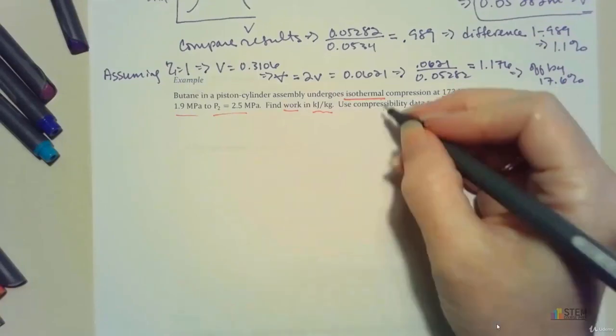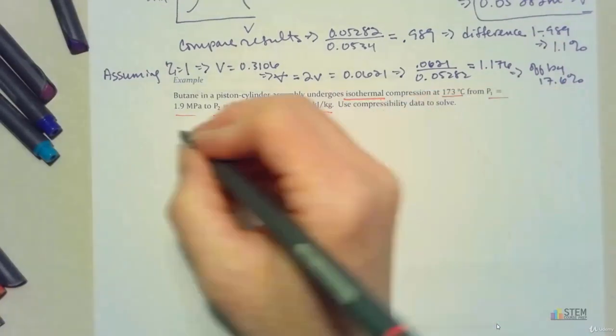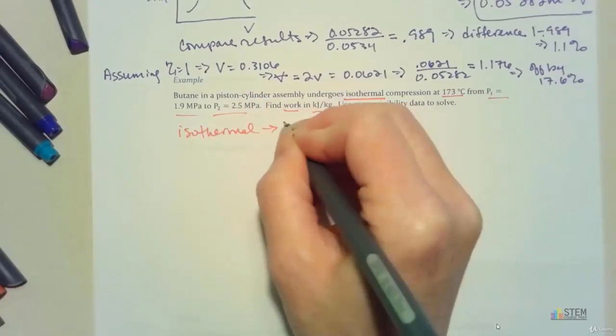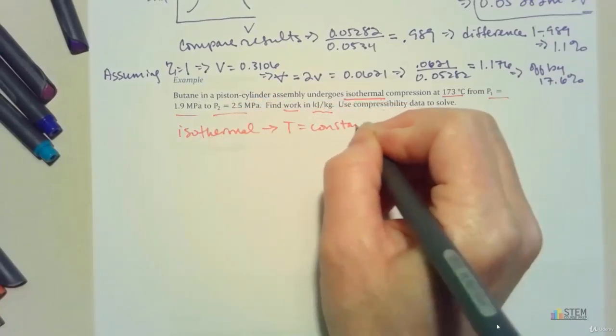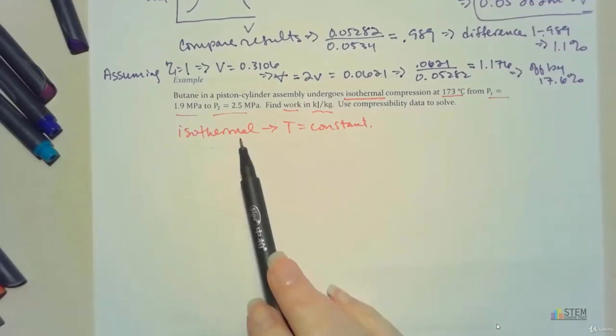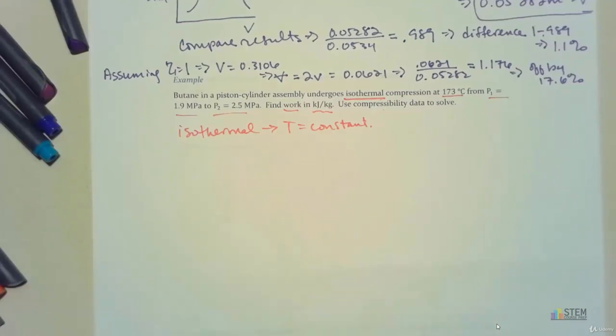Okay, so that's what isothermal is telling us. Let's write that down. So T is going to be constant. If you remember when we did those PV diagrams, we had the isotherm where the temperature was constant on that line. So here's an isothermal compression. So T is constant.